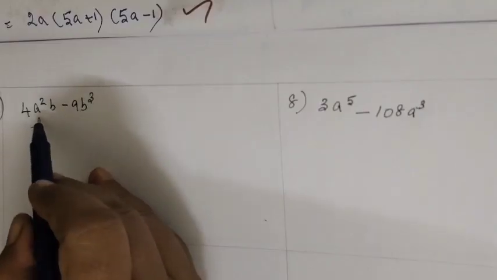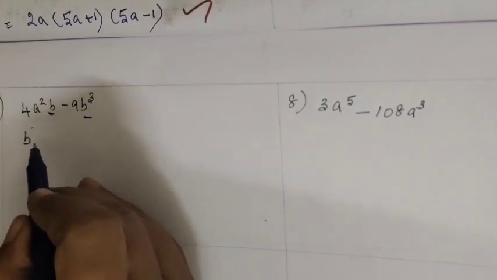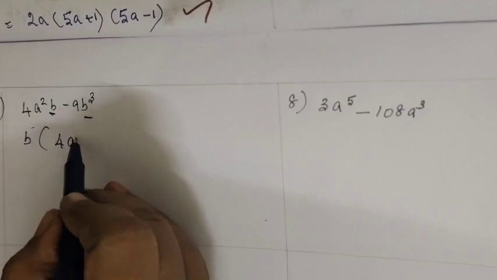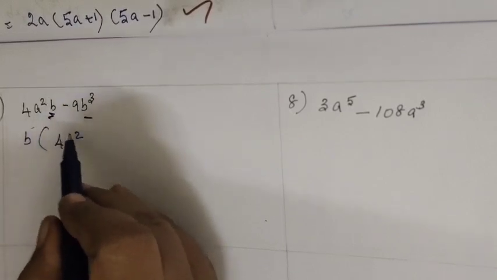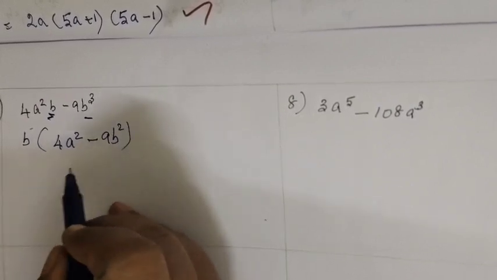Here which you can take common, b in b cube. So take b common. So inside 4a square, b we have taken outside, minus 9b squared.